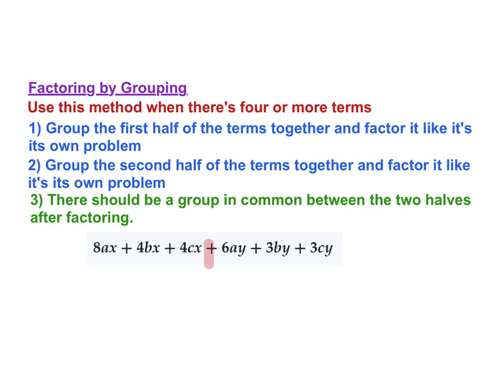So first of all, when I group the first half, since there's 6 terms, I can just group them. And that just means throw parentheses around them and treat them like it's its own group. And then I can do the same for the second half. The reason that the minus sign creates a problem is if you notice here that I put the parenthesis in between the plus and the 6. If that middle sign was a minus and I put a parenthesis in between them, I would have changed the number. And I don't want to do that.